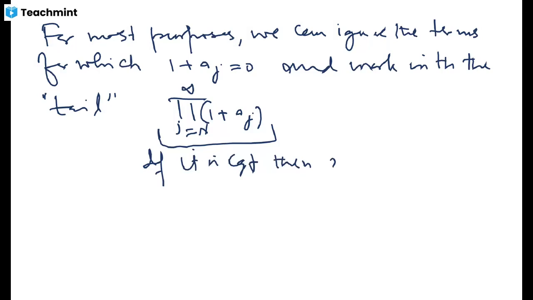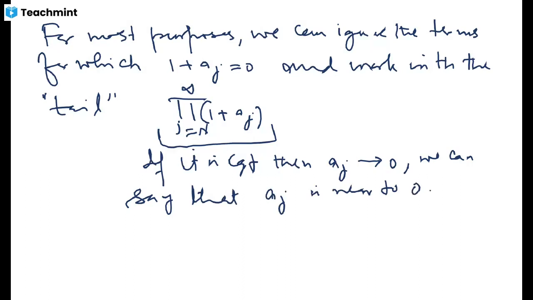So we can say that aj converging to 0 means it will always be in a neighborhood of 0. So we say that in this tail aj is always near to 0.